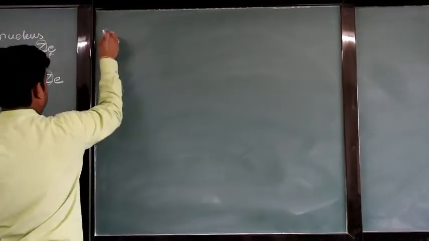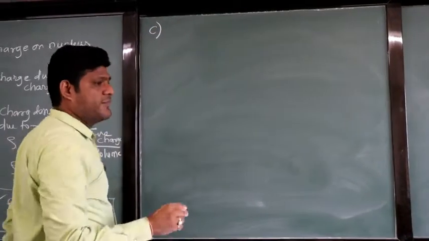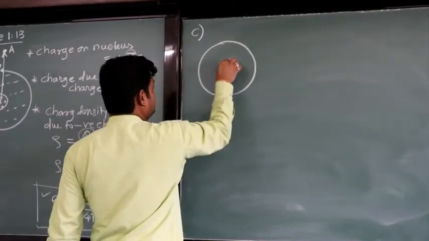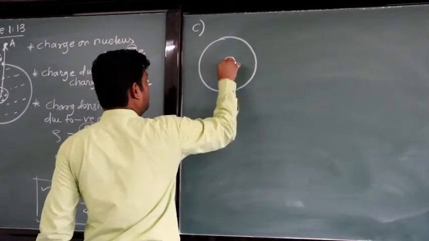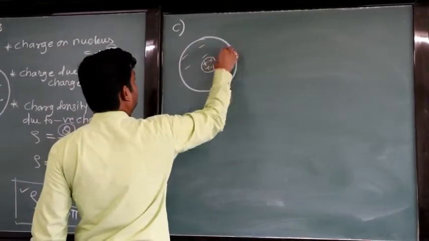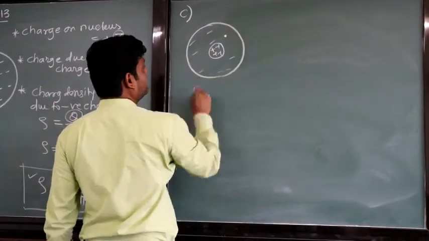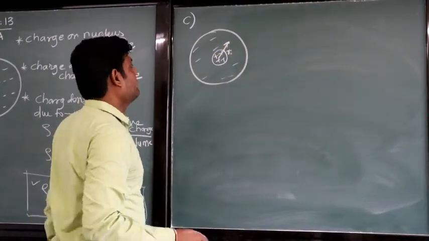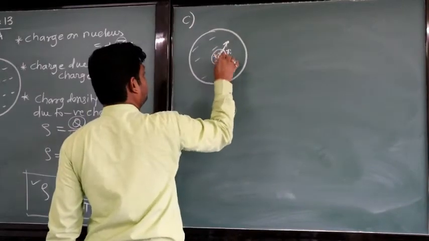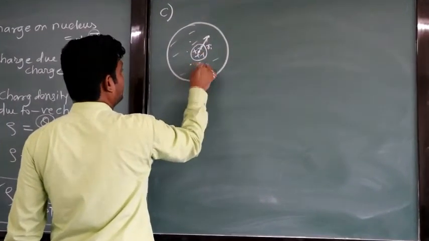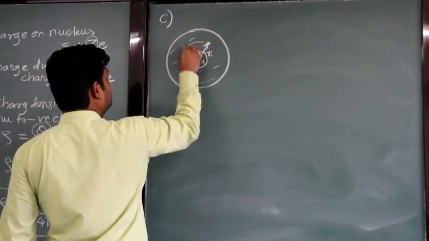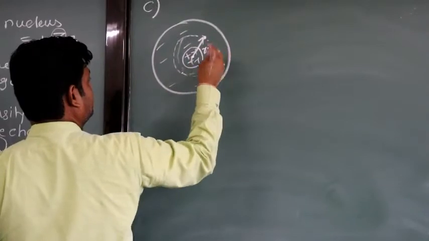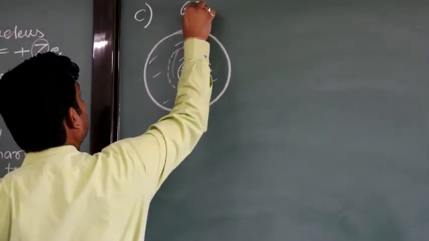Okay. Please concentrate. Third part of the numerical. Again, consider this atom. This is the nucleus of the atom, with the number of positive charges and negative charges. The point is over here. This distance is Ri. So find out the points which are at a distance Ri. If we join all the points, we will get a surface, that is known as the Gaussian surface.